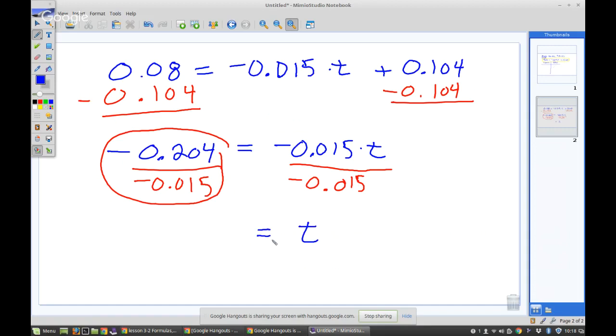What do we got? What's wrong? It's a negative over a negative, so it should be positive. And it should come out to something between 1 and 2. So whip out calculator 2.